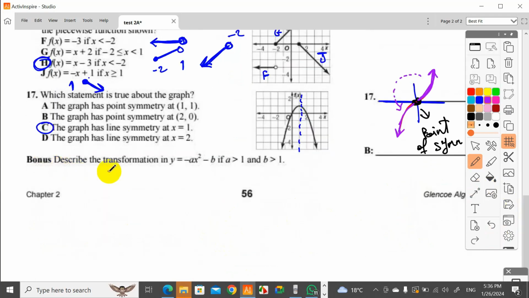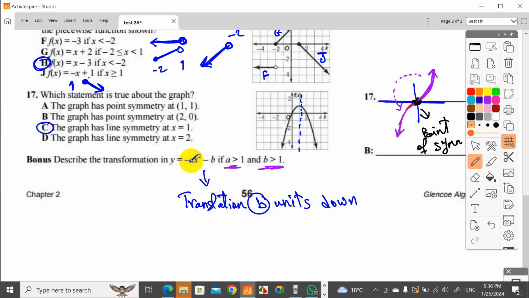The last question, describe the transformation in y equals -ax squared minus b if a greater than 1 and b greater than 1. First, -b means translation b units down because it's negative.